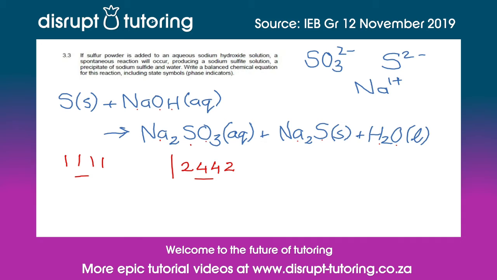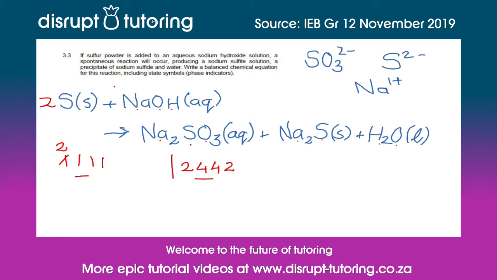So we can start with the sulfur, and we can multiply this by 2, and then we have our sulfur atoms matching on either side, and then we need to balance the sodium on either side. So if we look at the sodium, we have 1 on the left side and 4 on the right side.